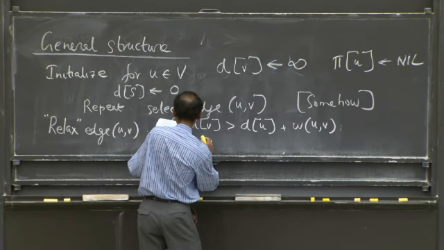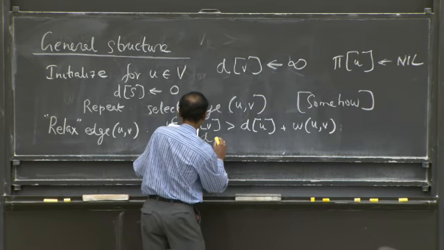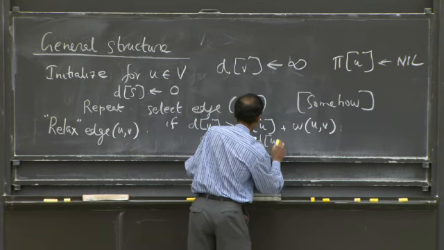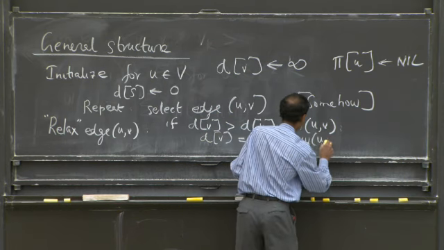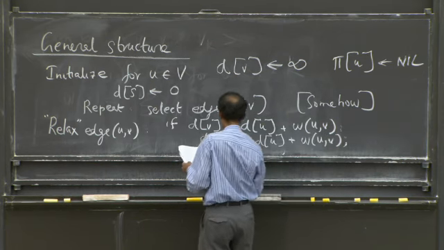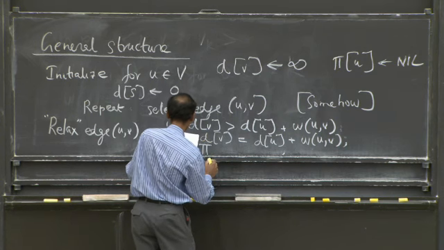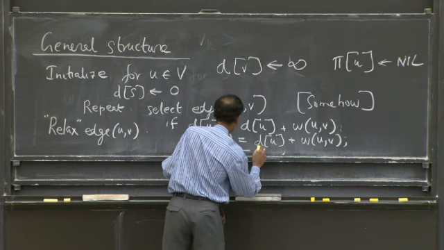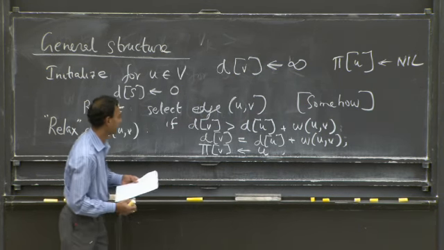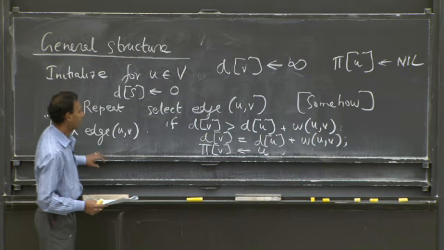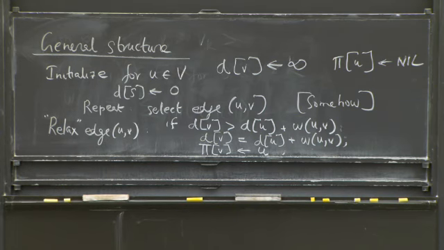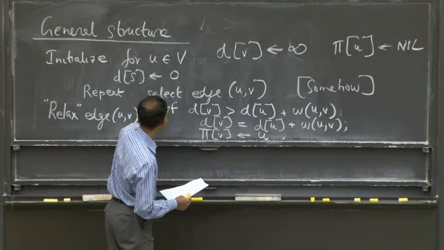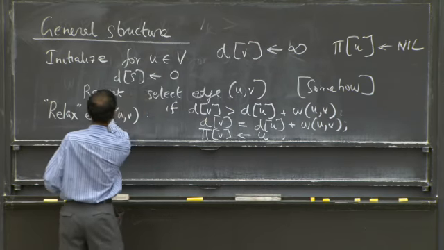And so what you do here is, if the if is true, then you set d of v to be d of u plus w of uv. And you'll also update the predecessor relationship, because the current best predecessor for v is going to be u. Right? So that's the notion of relaxation. And I kind of ran out of room here, but you keep doing this repeat.